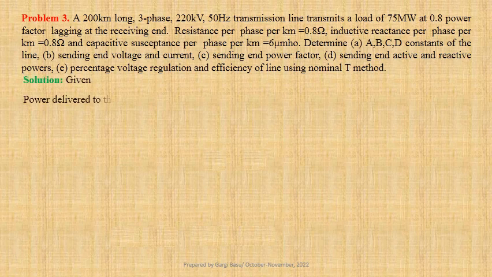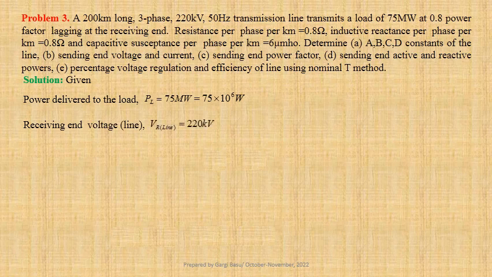Power delivered to the load PL equals 75 megawatts, that is equal to 75 into 10 to the power 6 watts. Line to line receiving end voltage VR line equals 220 kilovolts, that is equal to 220 into 10 to the power 3 volts.